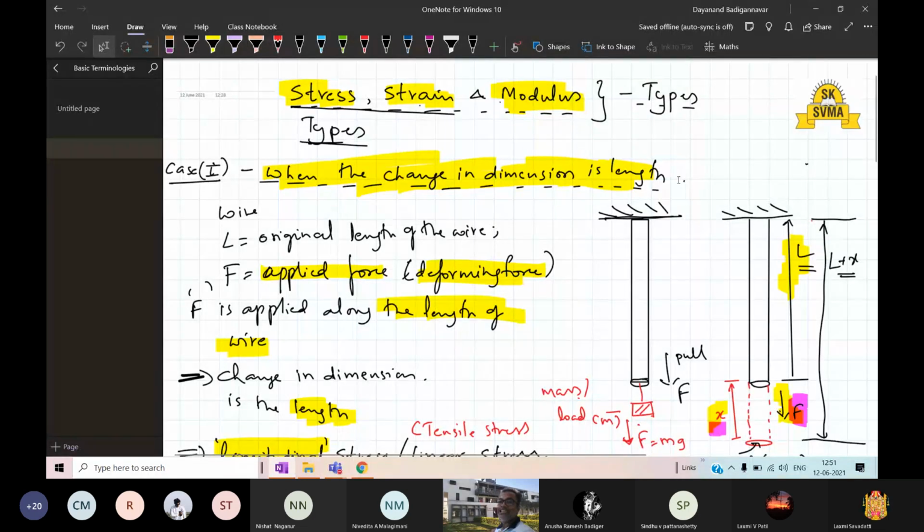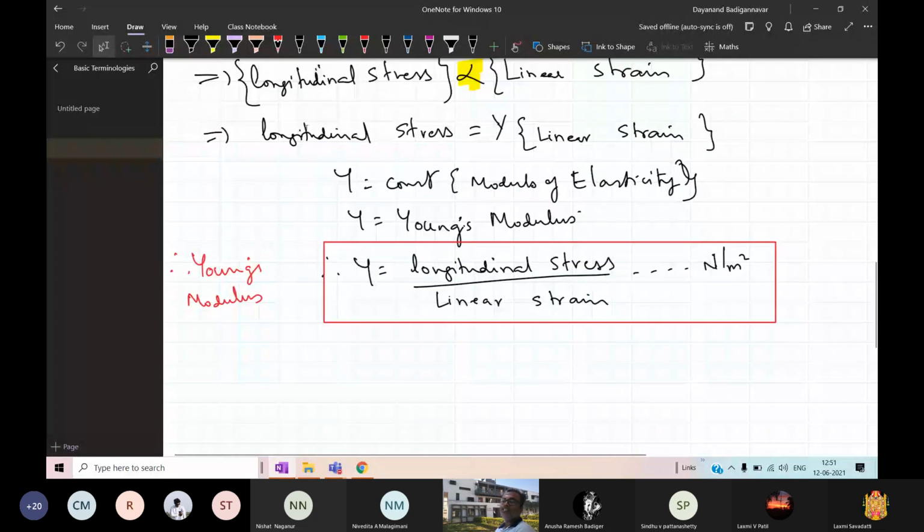When there is a change in length, it is known as the Young's modulus, the ratio of longitudinal stress to linear strain. I shall stop here itself. In the next class, we shall continue with the remaining. These are the very basic things.